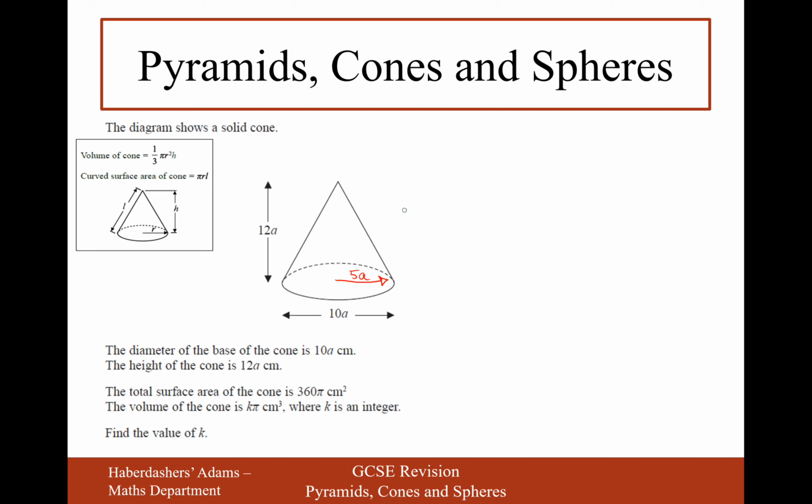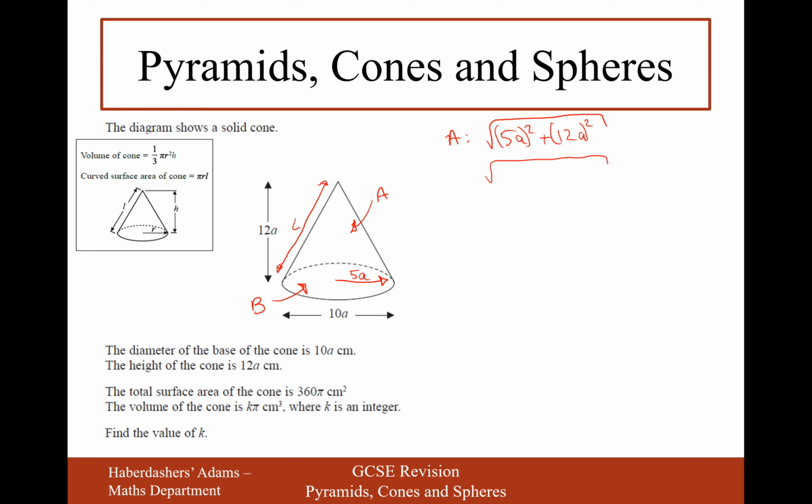So what we need to do then is to work out the total surface area. We need to divide the shape into different parts. We'll call part A and part B. So for part A, what we need first is the length L on the side of the cone there. So what we need to do first is a Pythagoras calculation of 5a squared plus 12a squared, and all of it's going to be squared.